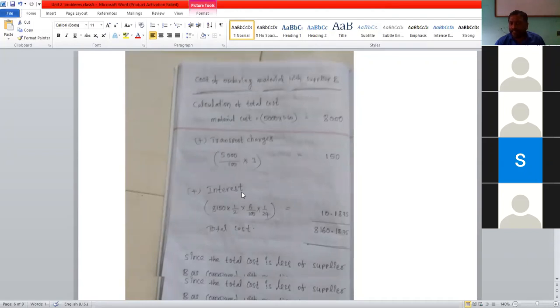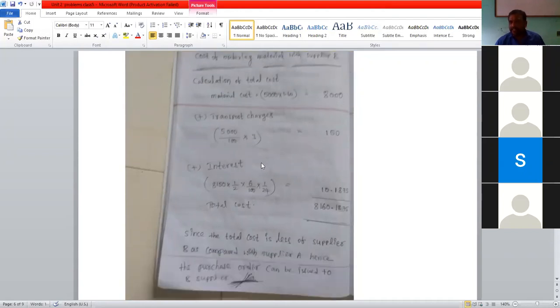Then you need to add the interest. Here listen carefully. So this 8,000 plus 150, you are getting 8,150. And here you have to take an average of 1 by 2. So that is 50%, which means 1 by 2. And he has given an interest rate of 6%. And this 1 by 24, how am I getting it?